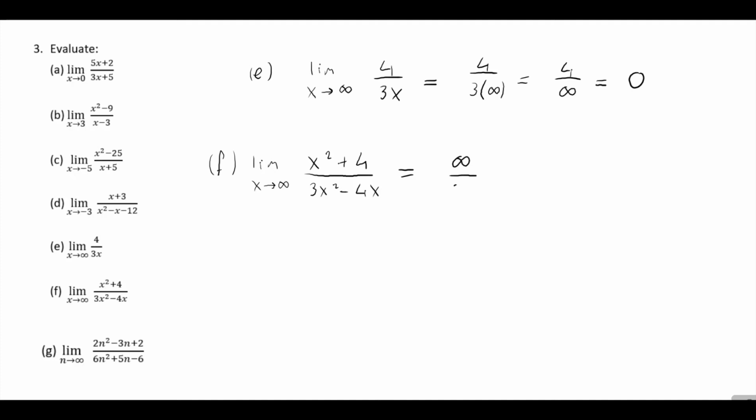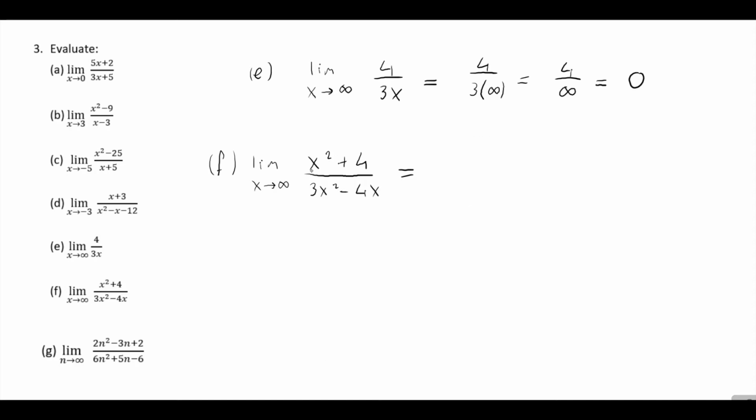At the bottom, if we put infinity in, we get infinity minus 4 times infinity, which isn't something we can possibly calculate. It's undetermined, so we can't really solve it here. It's not possible to do it this way, so we need to use some other method.